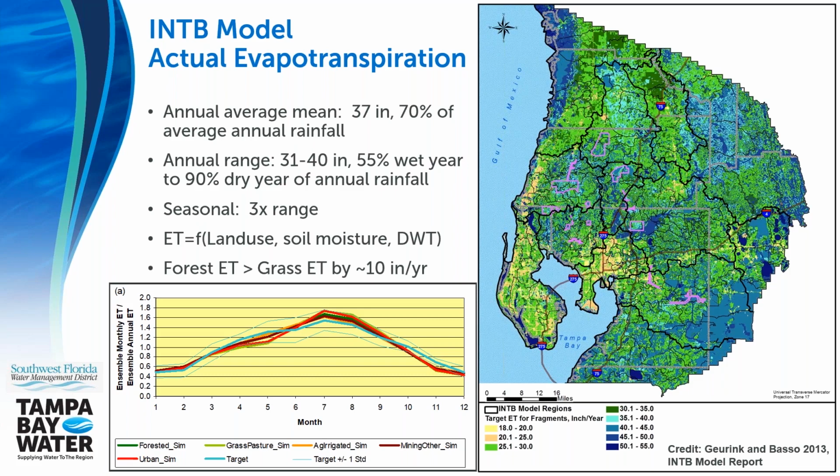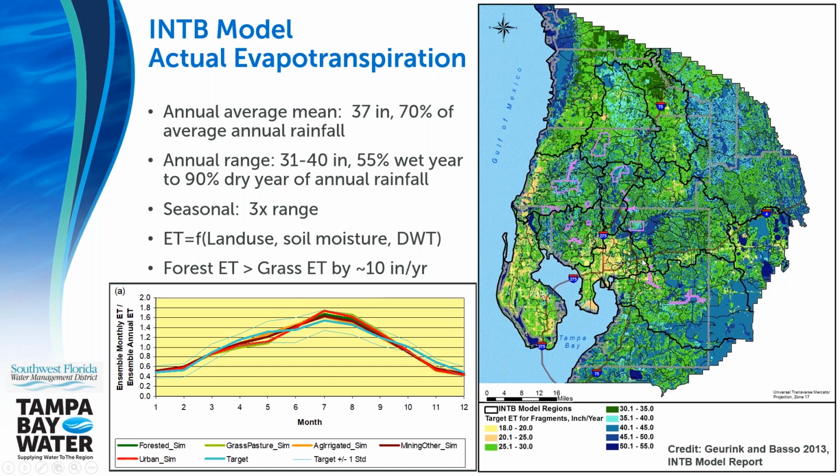Evapotranspiration is a function of land use, prevailing soil moisture at the time, and depth to water table, which is influenced by pumping. The forested ET exceeds ET from grass by about 10 inches per year.